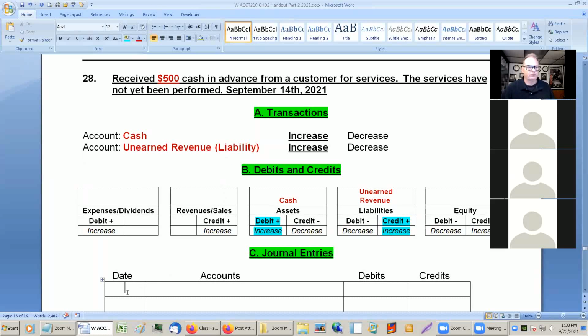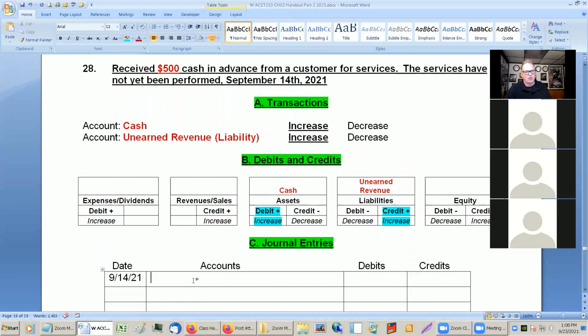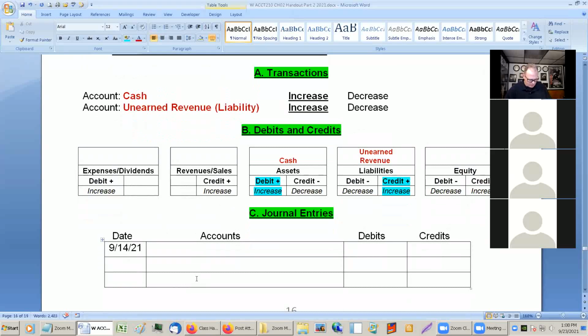Okay. September 14th. Okay, so cash. The liability going up.